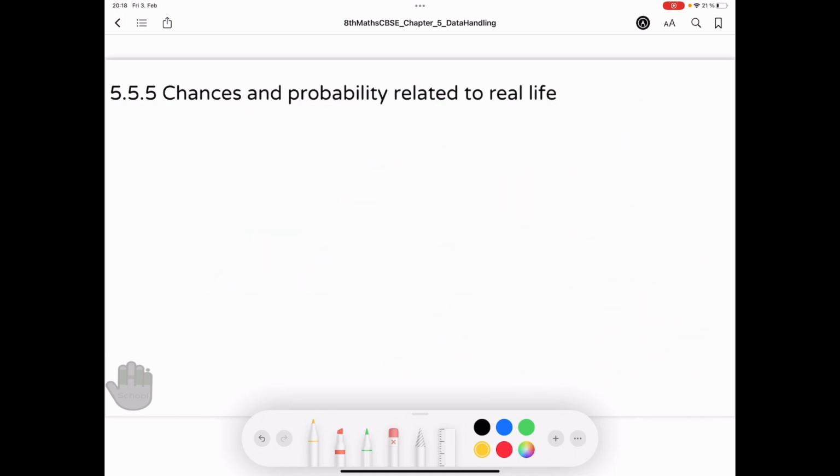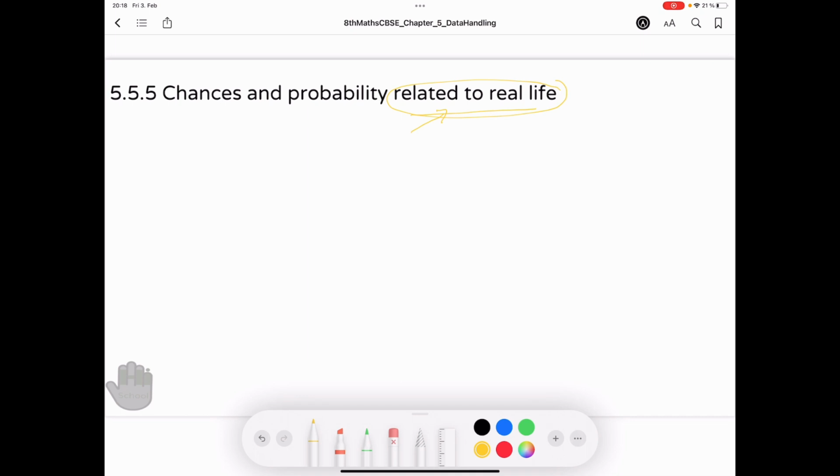Now, chances and probability related to real life. Pulling out a red ball or a yellow ball from a bag may not be a real life case, but there are many real life cases in which probability mathematics can be used.